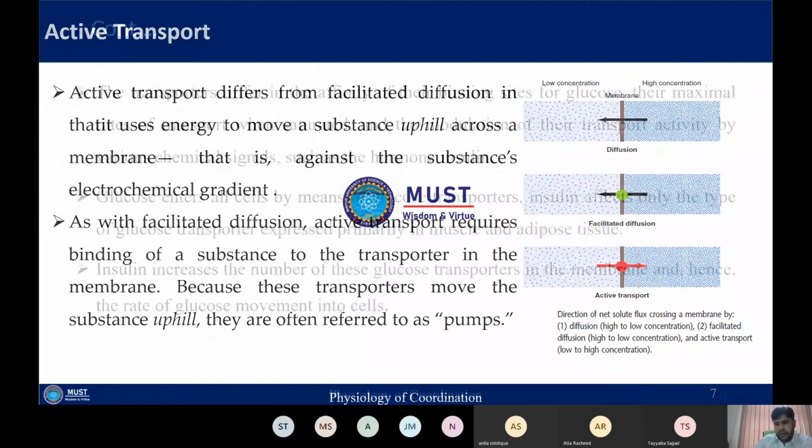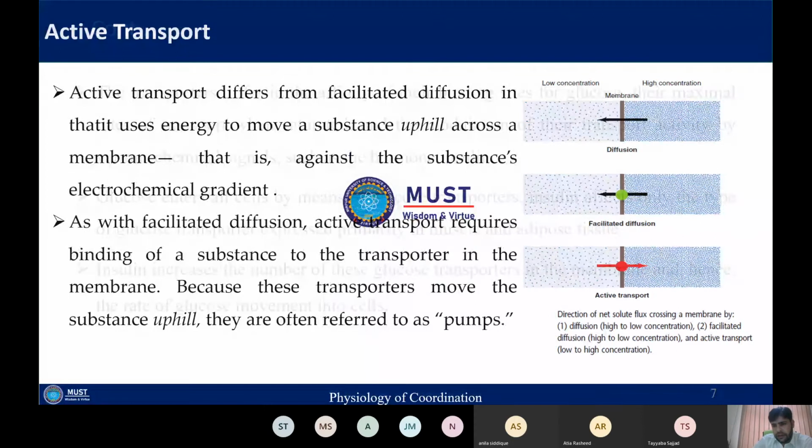Here you can see in this figure that in case of diffusion, there is simple movement from higher concentration to lower concentration across a membrane that is permeable to these molecules, whereas in facilitated diffusion, again there is movement of molecules from higher concentration to lower concentration, but in this process there is involvement of a specific intermediate protein called a carrier protein.